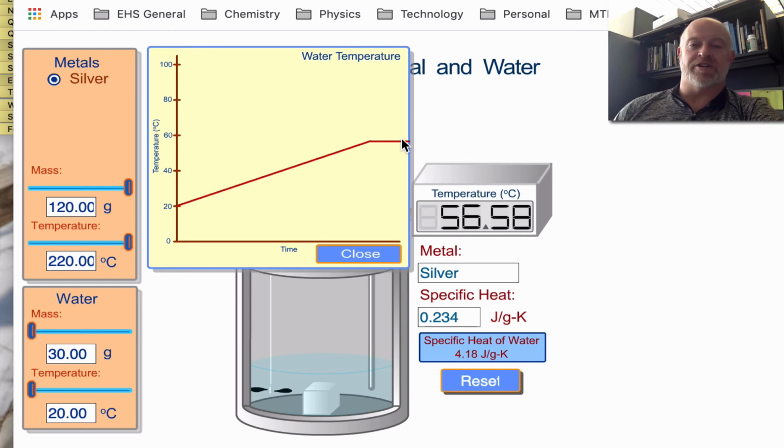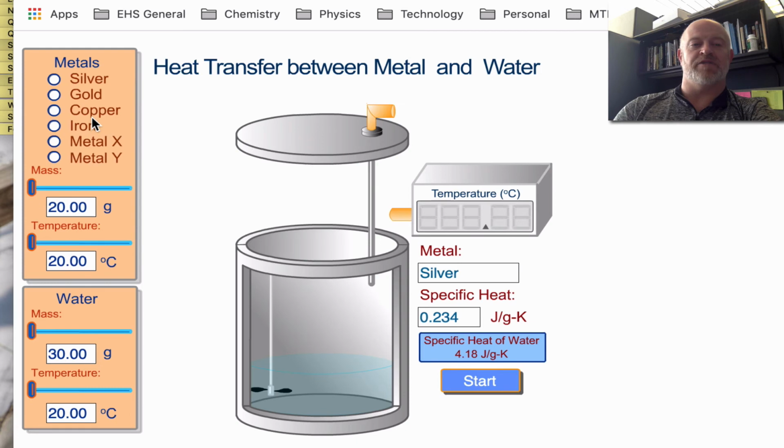In your lab, you'll be doing something very similar to this, where you'll be putting a hot metal into room temperature water, and tracking the starting point and that final temperature of your metals. Now, if we reset this and do something like copper, copper's specific heat capacity is bigger than silver's. Let's go to iron actually, because it's even bigger.